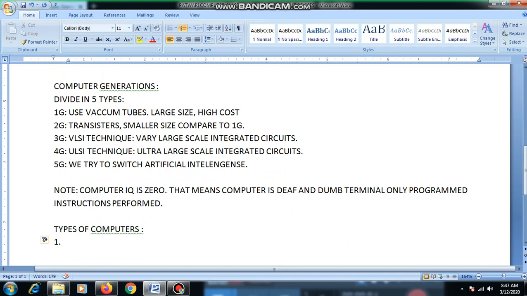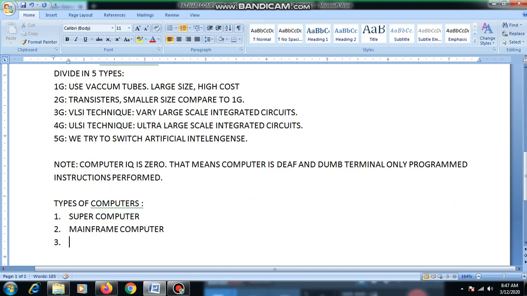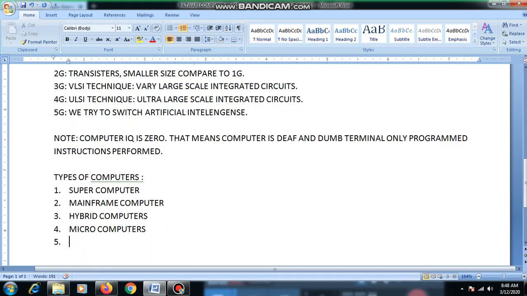The categories are supercomputer, second is mainframe computer, third one is hybrid computers, microcomputers, and minicomputers. Hybrid is a mixture of mainframe and supercomputers.